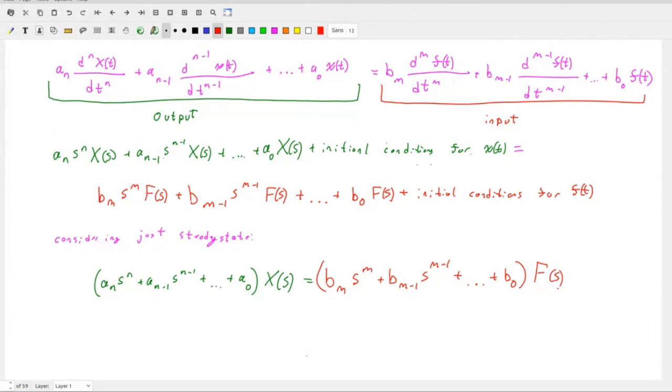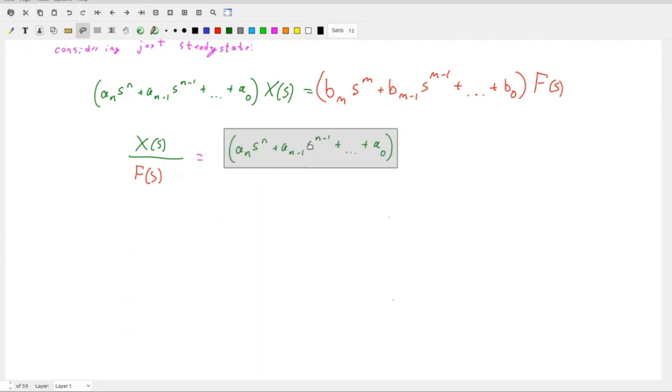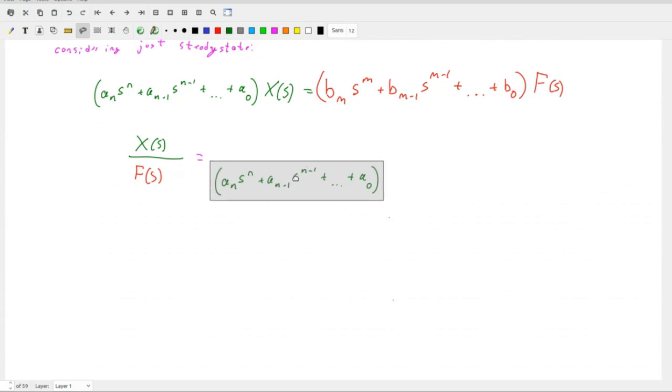x and f. Sorry, x and f. So by algebraic expression, we get x of s over f of s is equal to, it's going to be on bottom, isn't it?